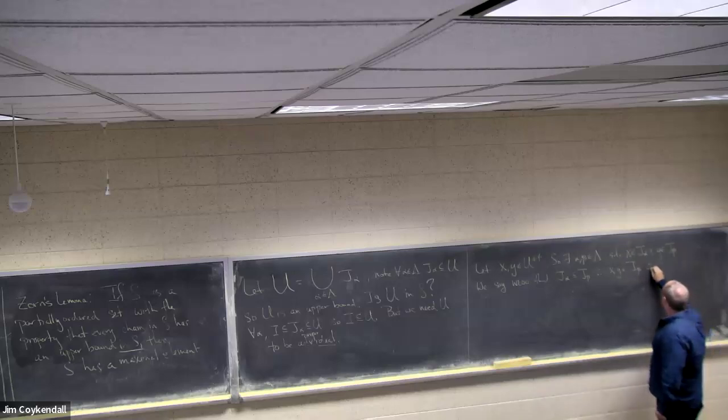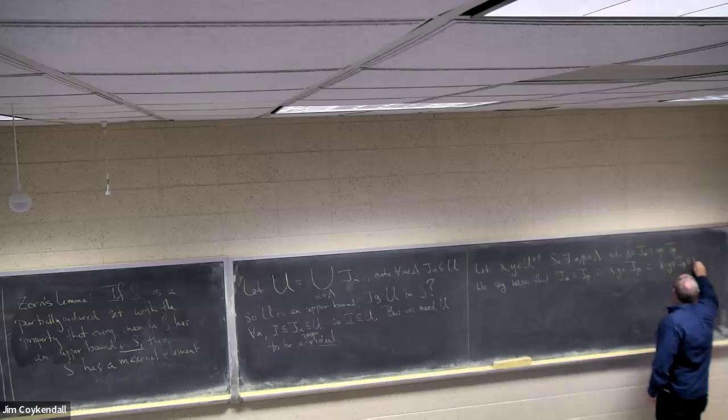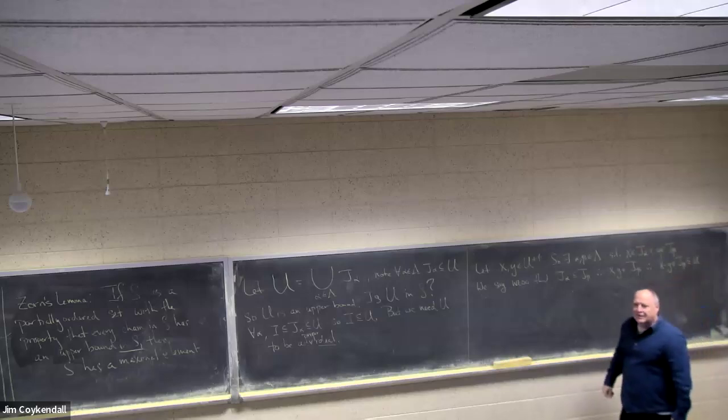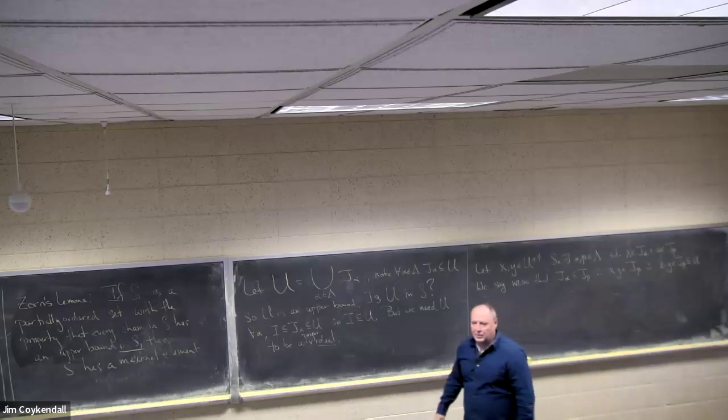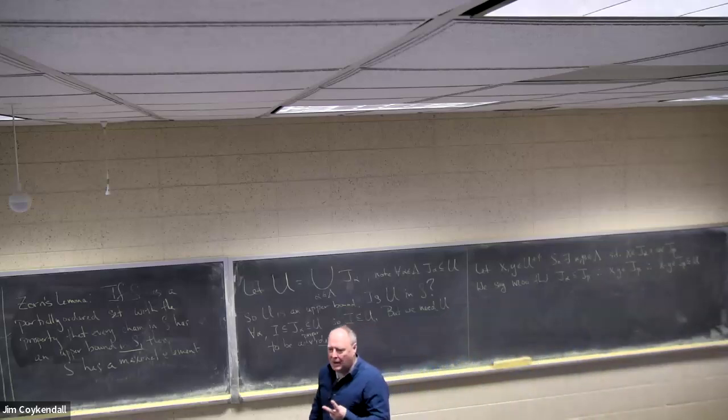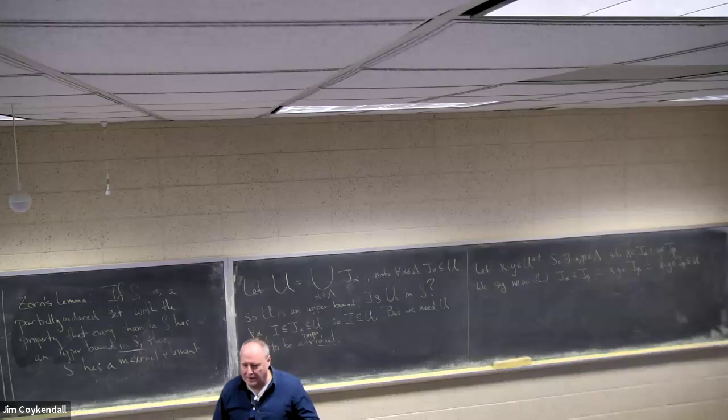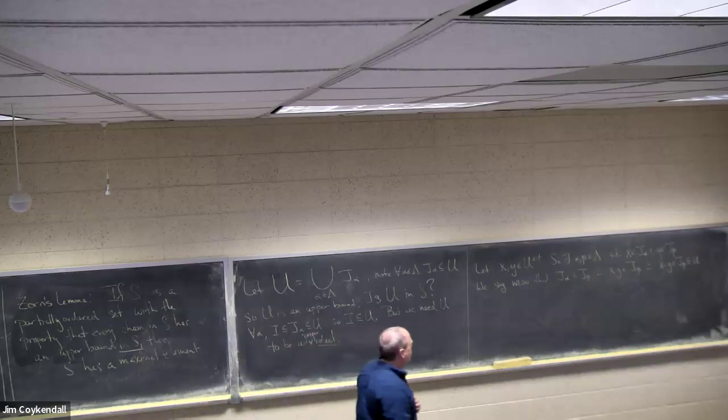Therefore X minus Y is in J beta, which is contained in U. So actually the union is a subgroup, because given any two X and Y in there, X minus Y is in it.